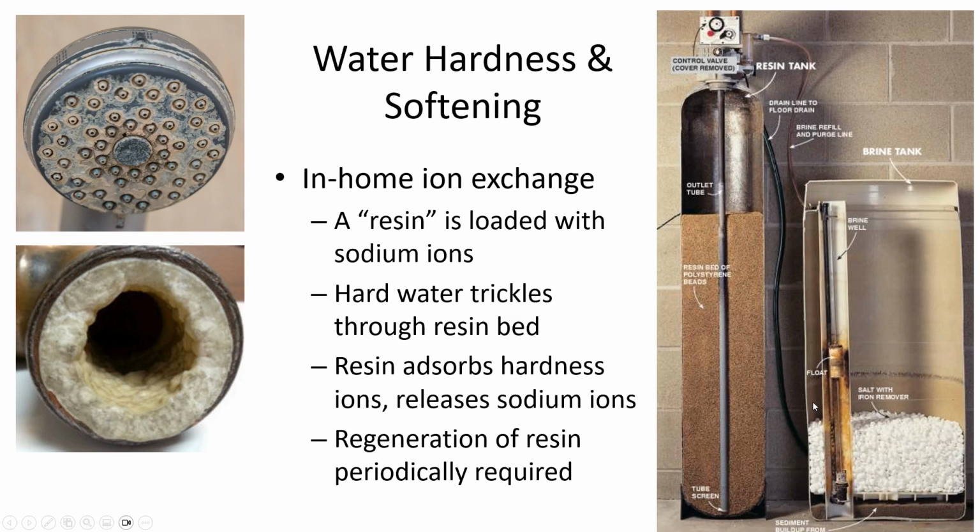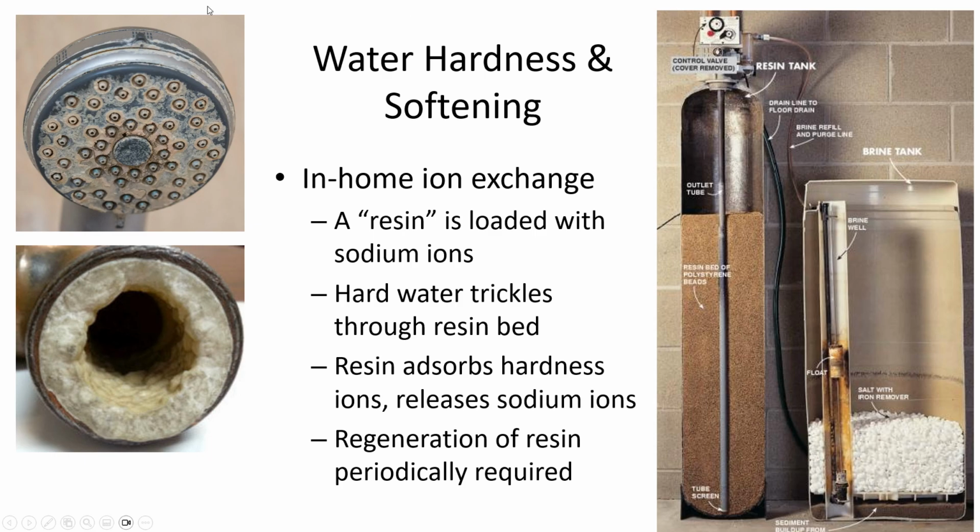And so generally once every day or two, you'd have to flush a concentrated sodium solution through that packed column full of resin beads, and then you would waste a certain amount of water, just send it straight to the sewer, that salty brine that's dislodging some of the calcium.